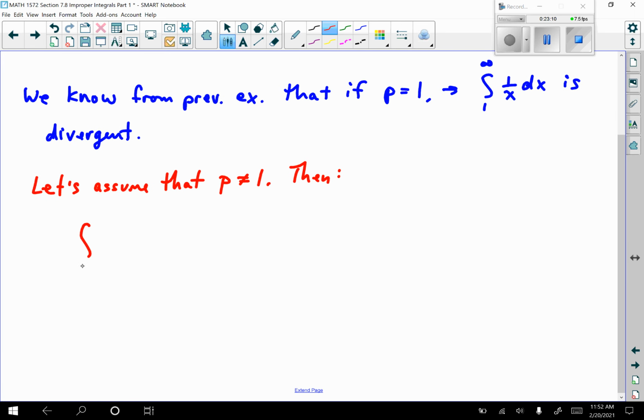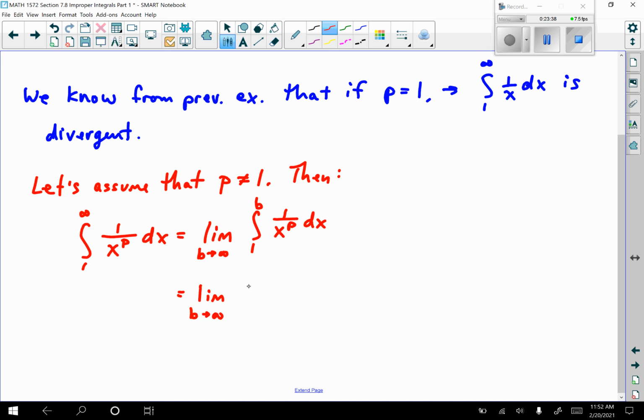Then we'll have the integral from 1 to infinity of 1 over x to the p dx is equal to the limit. We'll use b here because the infinity is at the top. So the limit as b approaches infinity of the integral from 1 to b of 1 over x to the p dx.